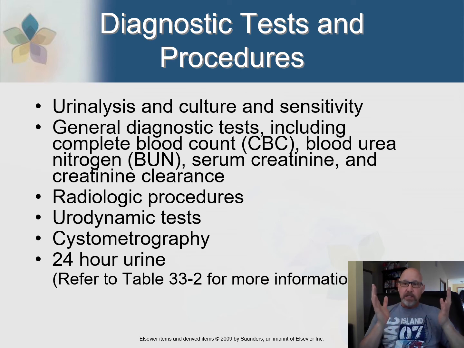Because your kidneys regulate your electrolytes. Your BUN is going to be huge, because the kidneys filter and metabolize metabolic waste. But the one that lets you know how well your kidneys are actually functioning is your creatinine clearance. That's the one to watch. All right? That's the one to watch.